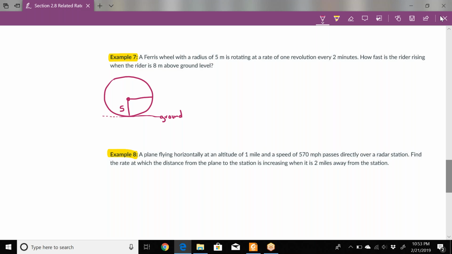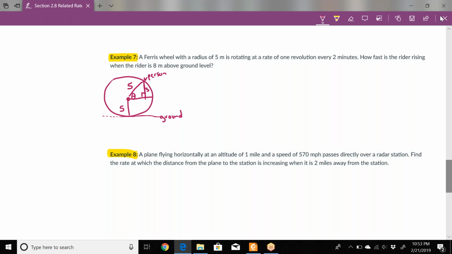Now, draw this out so that you can see the radius here. We'd have to figure out roughly where the person would have to be. So this is where the person is. This is 3 meters right here, just this height, because now they have 5 plus 3. This would also be 5 because this is still the radius of the circle.